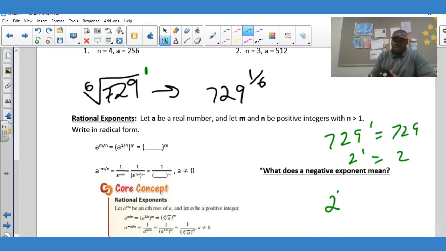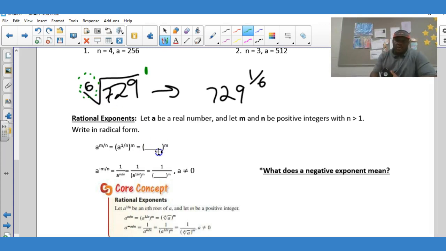2 squared, which would be a little different, and I'm going to show you how to do that in a second. But for the sake of this, see how this is 1/6? This right here is your denominator. The index becomes your denominator. That's all you need to remember. The radical here would be the n-th root of a to the m power.